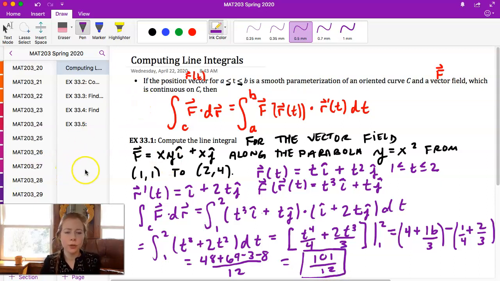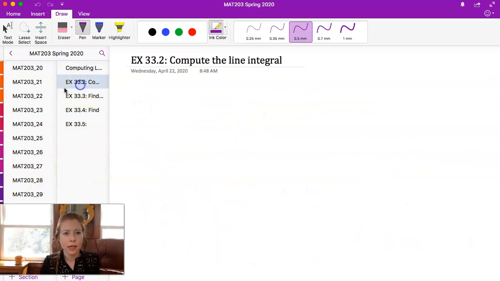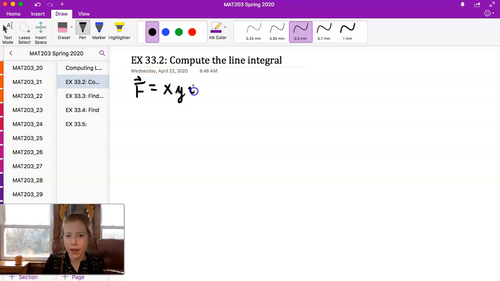And now we're going to do another one. And I would like you to try this one on your own once I actually give you the rest of the information for this problem here. So we're going to compute the line integral for the vector field F, which is going to be x y i hat plus x j hat.